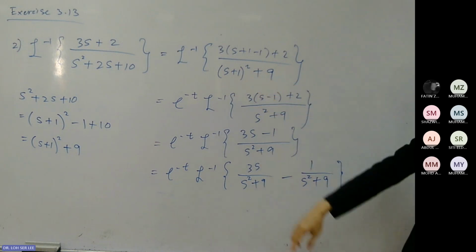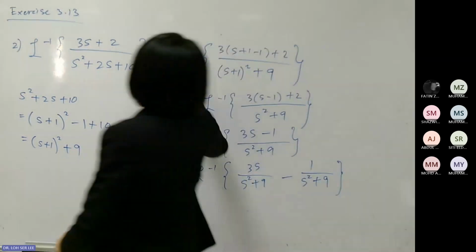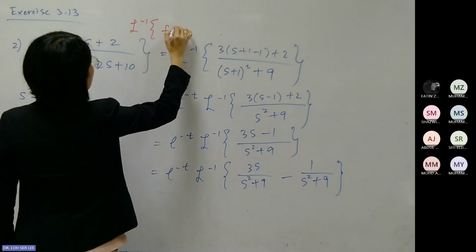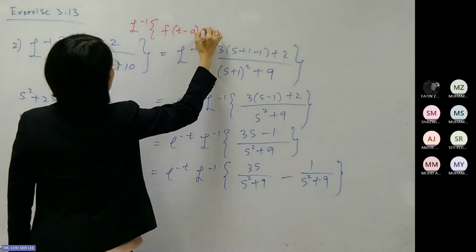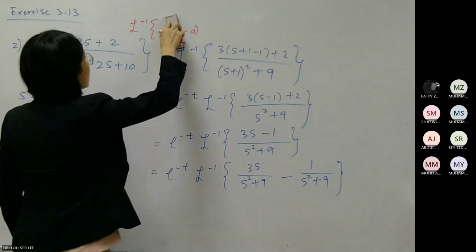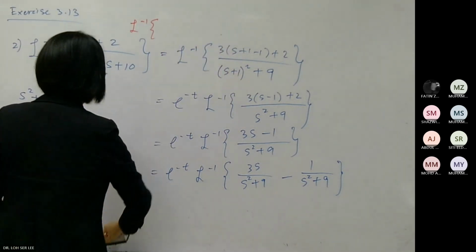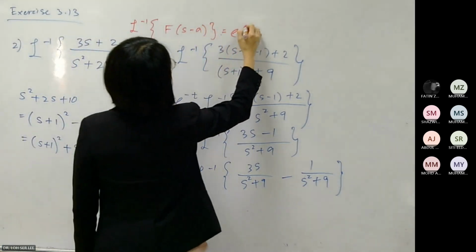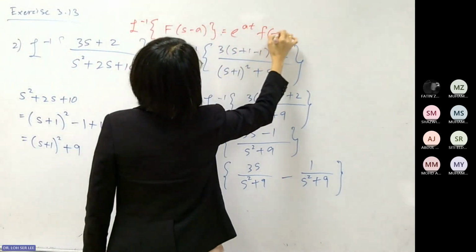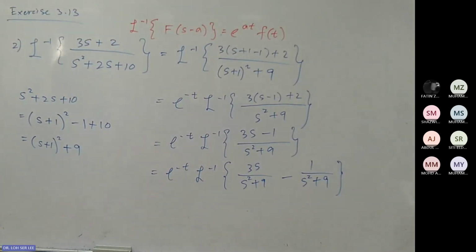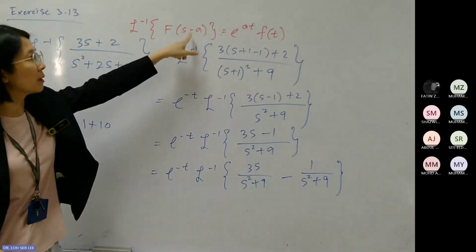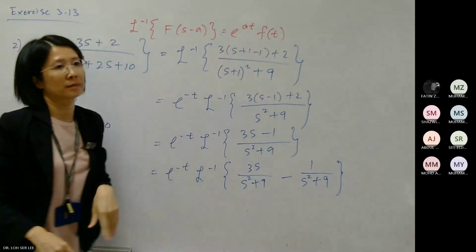Okay, this is the formula for the first translation. When we Laplace this, we get this. When you take out a minus a, you get this.